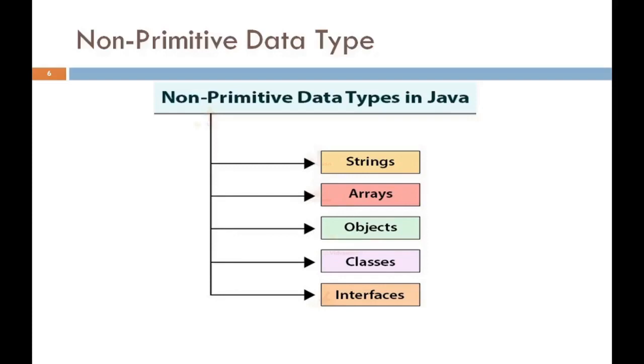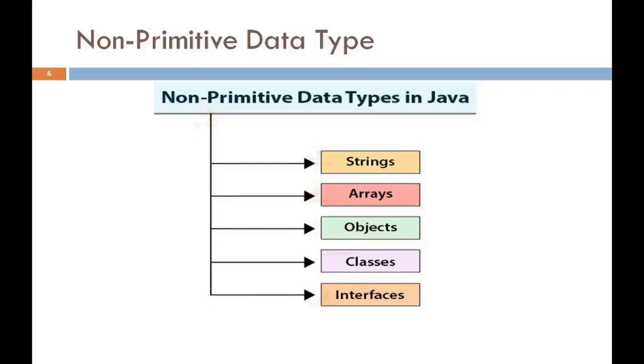Next is a class. We can say that a class is nothing but a collection of variables and methods. Or a class in Java is a blueprint which includes all your data. A class contains fields, that is nothing but variables, and methods to describe the behavior of an object. The next one is an interface.